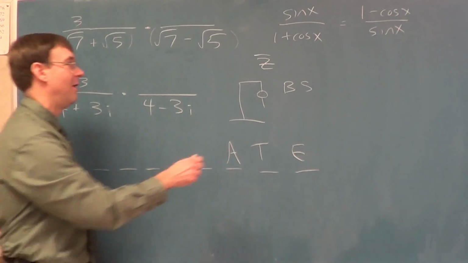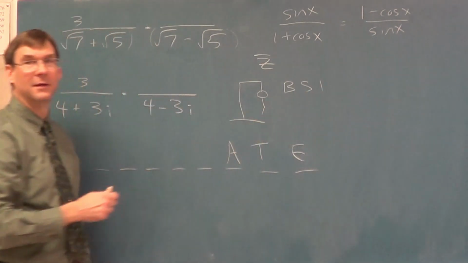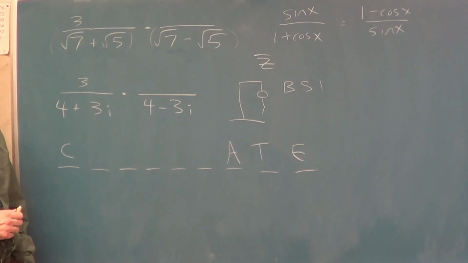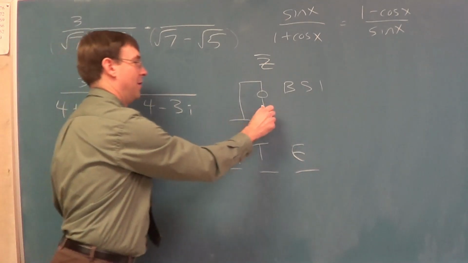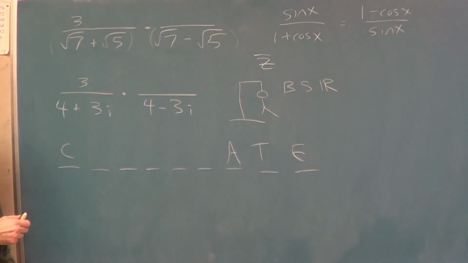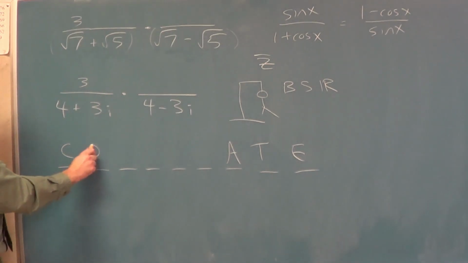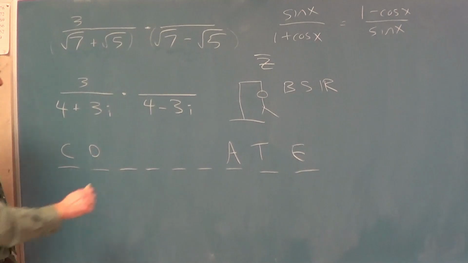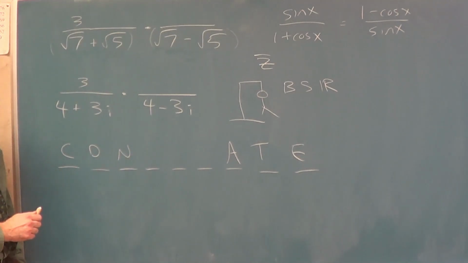I. There is not an I. R. There is not an R. I'm going to hang somebody. I can feel it. O. O is a win. N. N is a win. What is that?